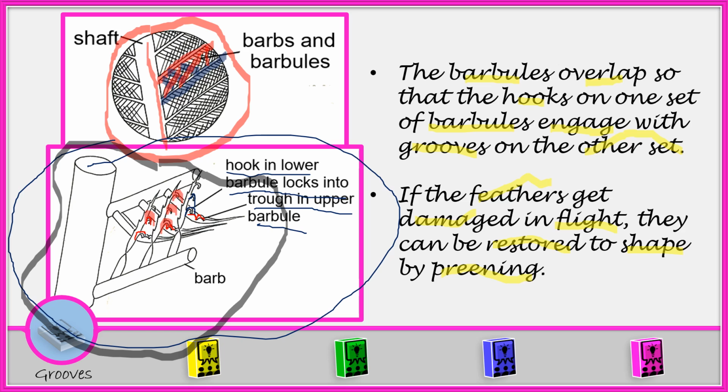And when they interlock with the grooves, then the feathers will go back to the smooth position. But if the hook moves away from the groove, then we are going to have damaged feathers. Those ones can be brought back to normal by preening, whereby the hooks will lock with the grooves.